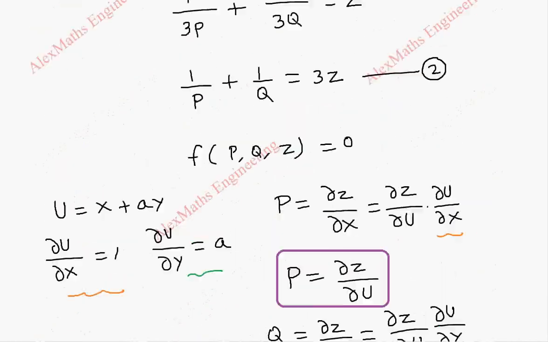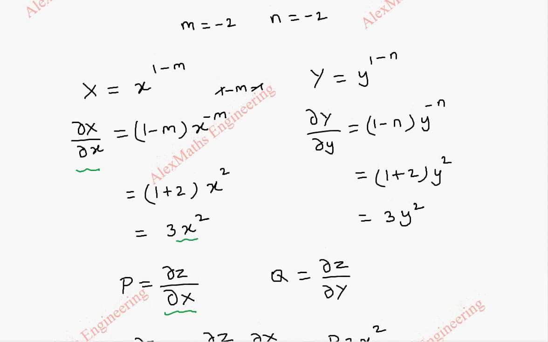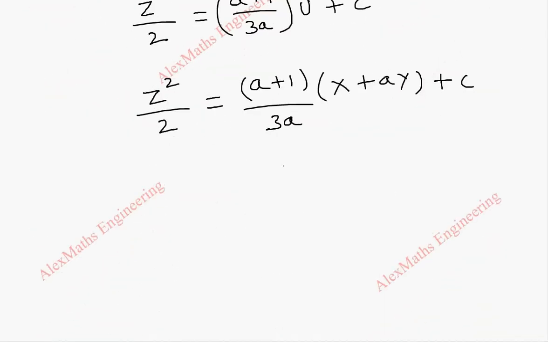But already we had a relation, that from the substitution capital X is x in power 1 minus m, where m is minus 2. So I am going to take that substitution here. Capital X is x power 1 minus m, where m is minus 2. When I substitute this, we get capital X as x power 3. The same way capital Y is y power 3.